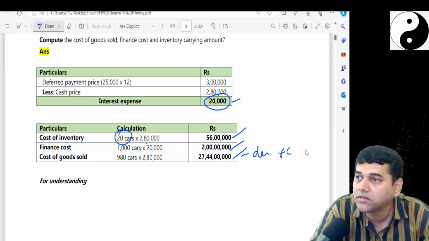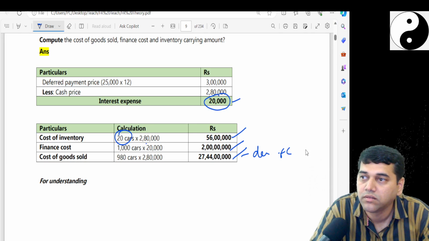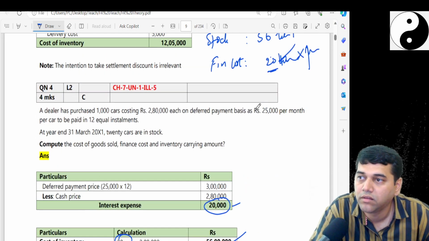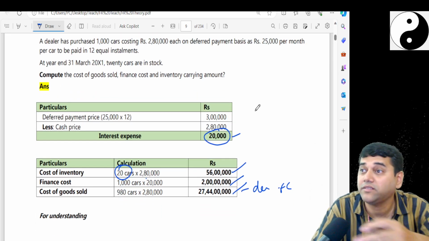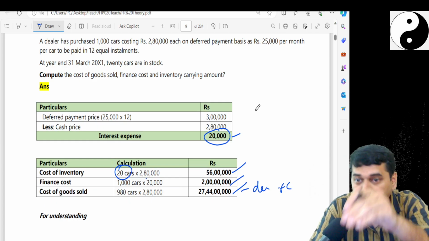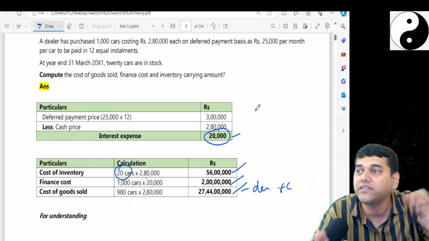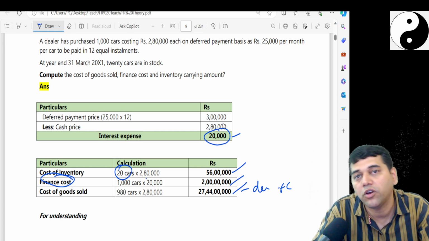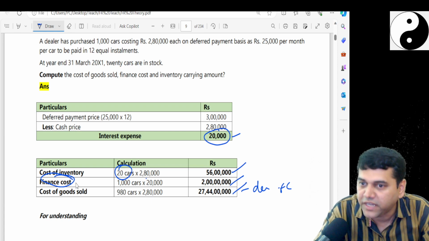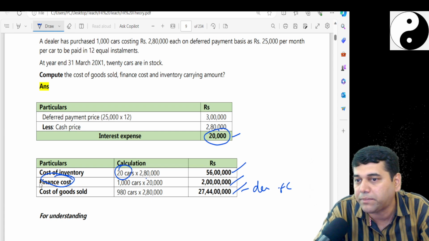Cost of borrowing: that is borrowing cost incurred to manufacture or buy this, and if it is a qualifying asset. This finance cost is what? This is what you have paid, the finance cost, but can you capitalize this?